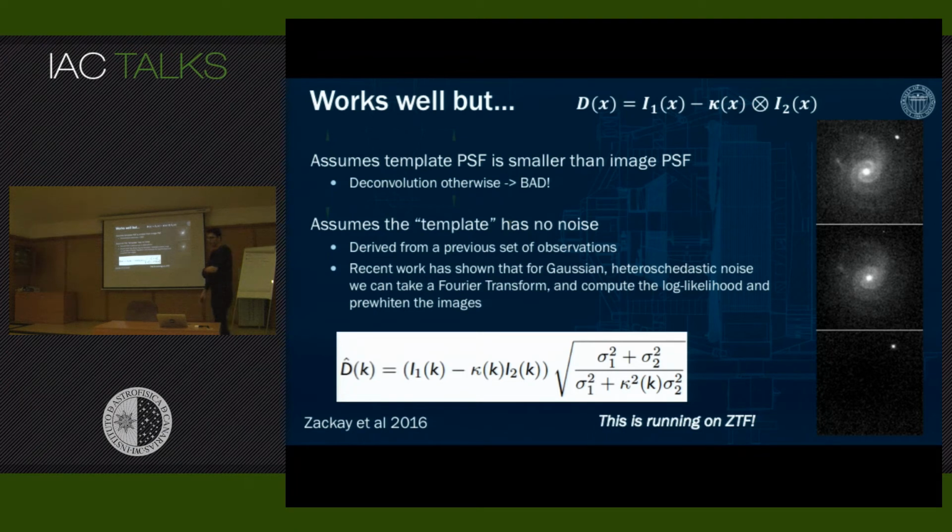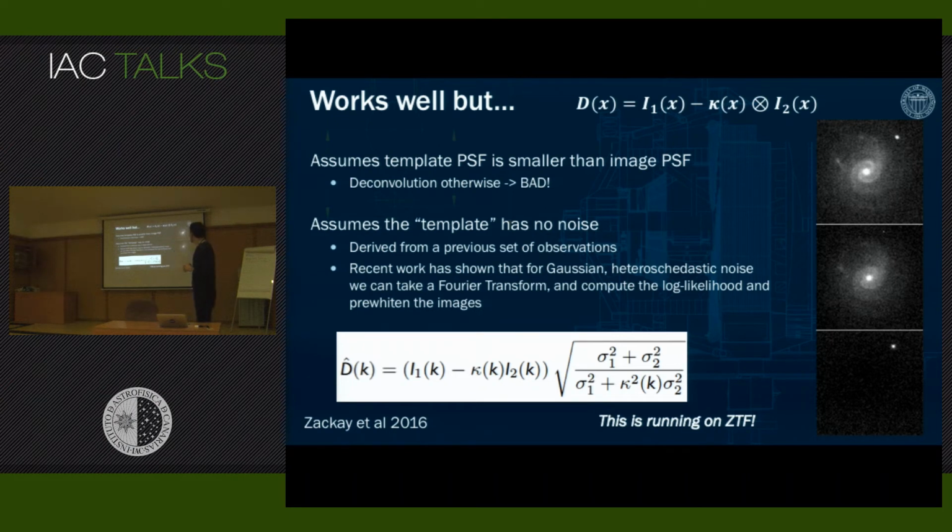But it assumes a couple of things. It assumes that you have two images, one of which is in essence perfect. It's called the template image, which has very little noise relative to the science image that you're trying to difference. If that's not true, then effectively you end up doing a deconvolution that amplifies the noise, and that is bad.